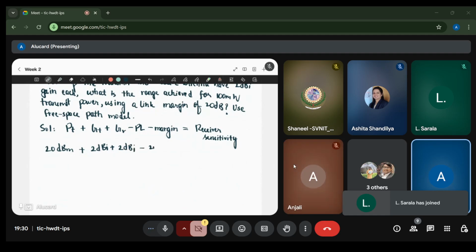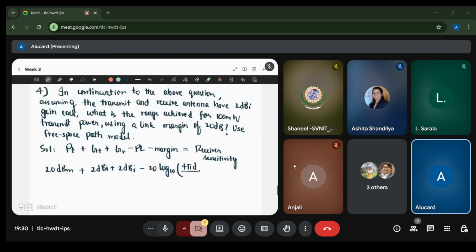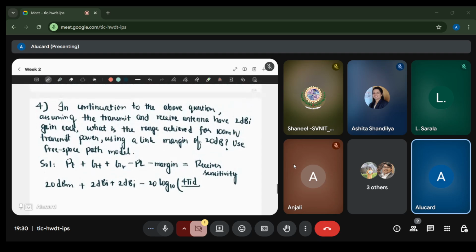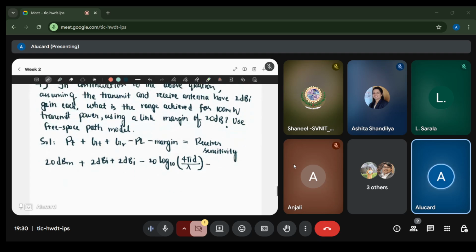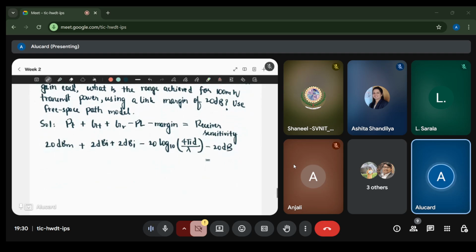Path loss from the free space path loss model, if you write it in dB, is 20 log 4πd by lambda, and then we have to give a margin of 20 dB, and this power must be equal to your receiver sensitivity.